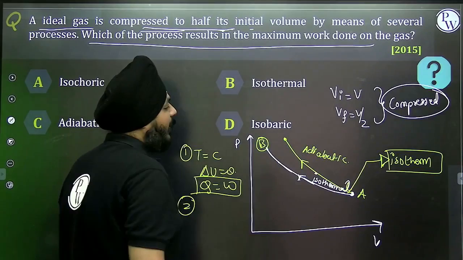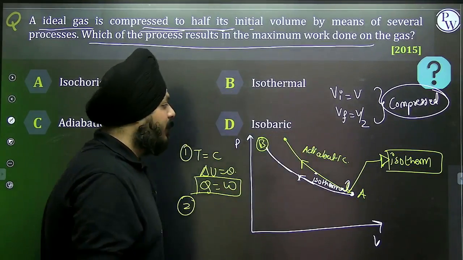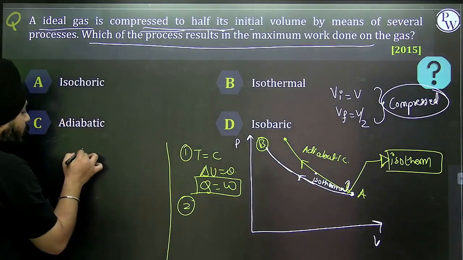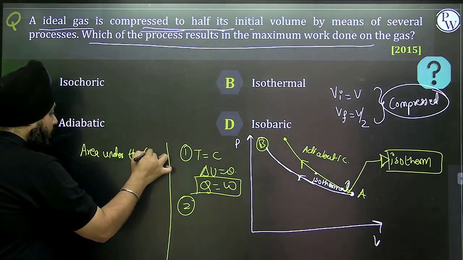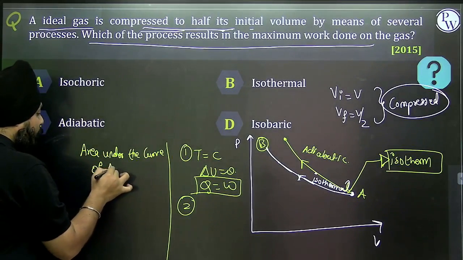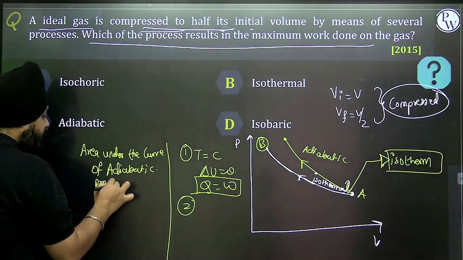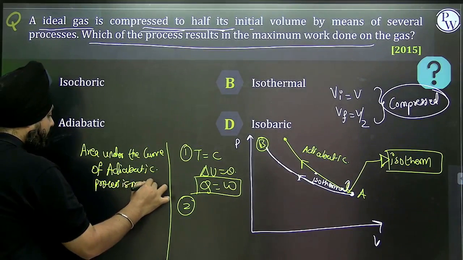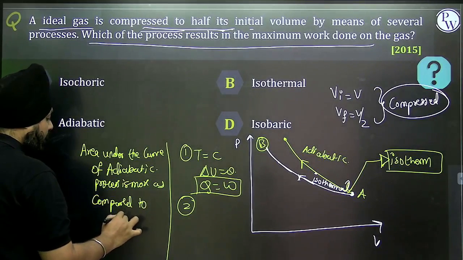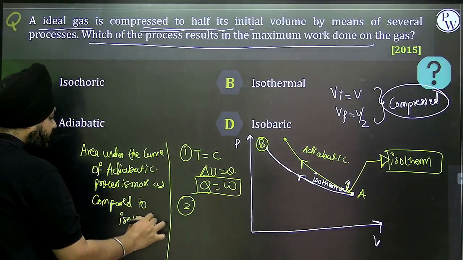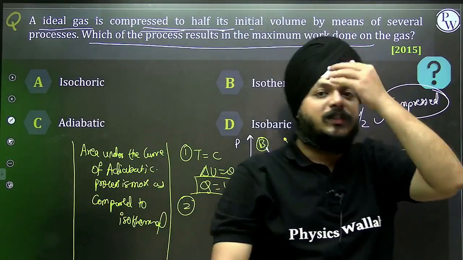The area under the curve of the adiabatic process is more as compared to the isothermal process.